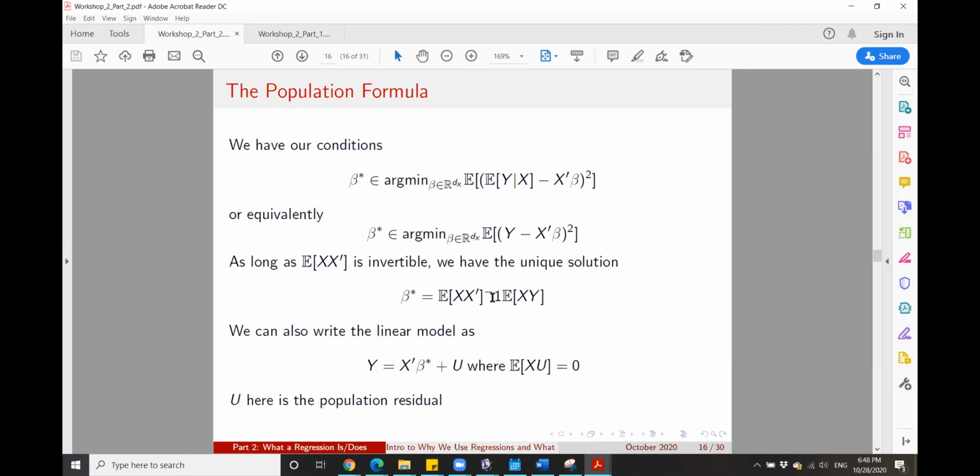That basically occurs whenever you have no perfect multicollinearity. You can't have your variables add up to a constant, or have a set of constants that will enable your variables to add up to a constant.